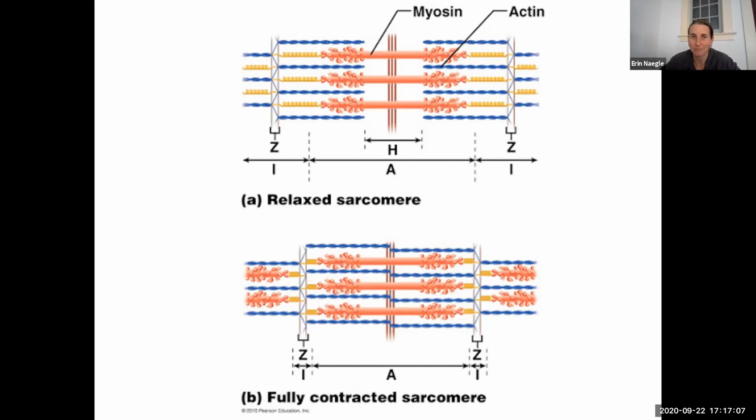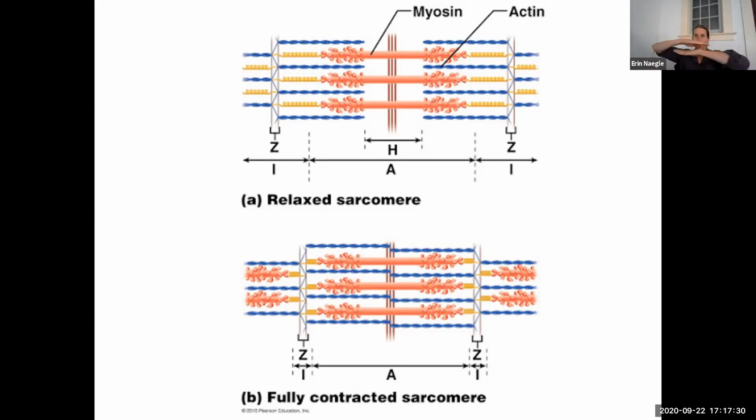Here's what it looks like. Relaxed sarcomere up on top. One thing I really want you to notice is that when the sarcomere is relaxed, are the myosin and actin overlapping? Yes, because if they weren't overlapping, the myosin would be like, there's nothing to grab, nothing's gonna happen, right?